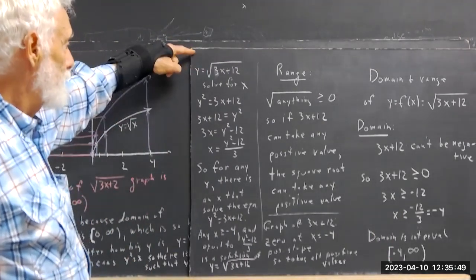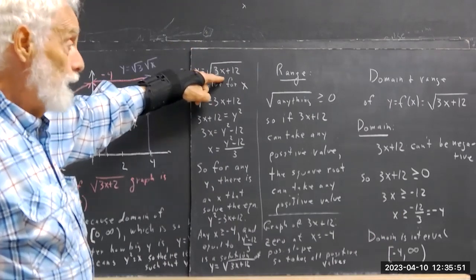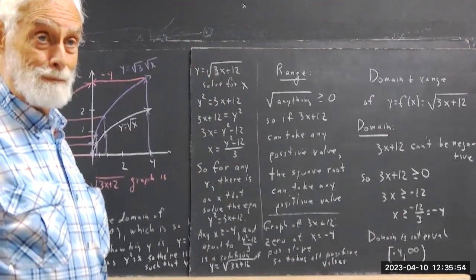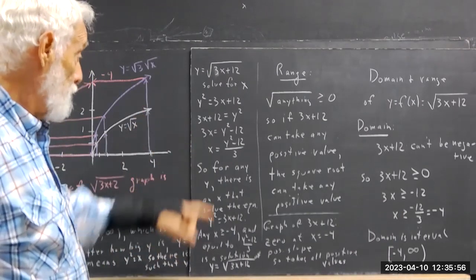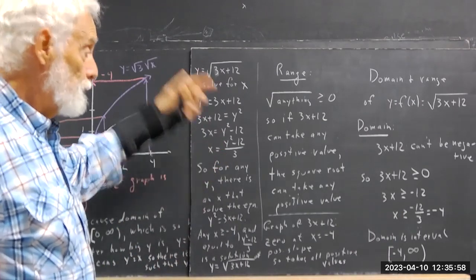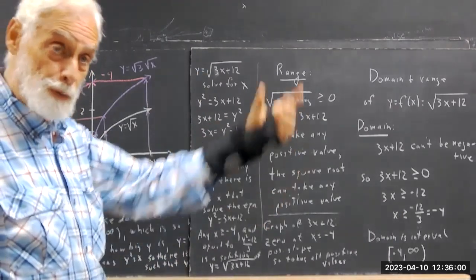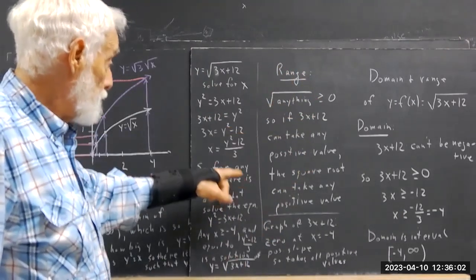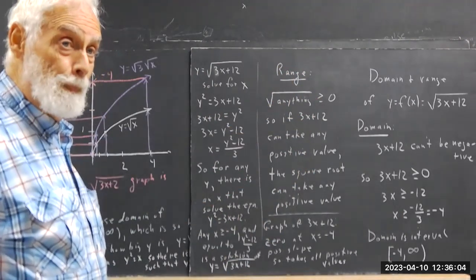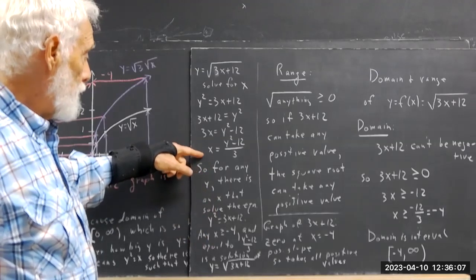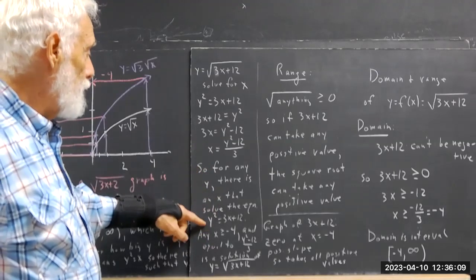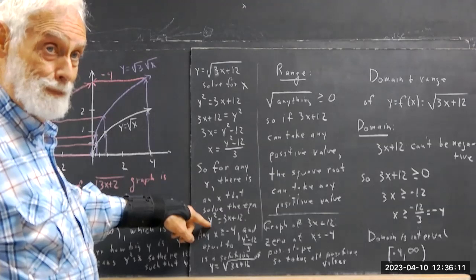Now we can do this with our function. We take this function and solve for x. A similar thing happens, but we don't get x equals y squared like we would if we just did y equals the square root of x. We get x equals y squared minus 12, over 3. And for any y, there's an x that solves the equation.